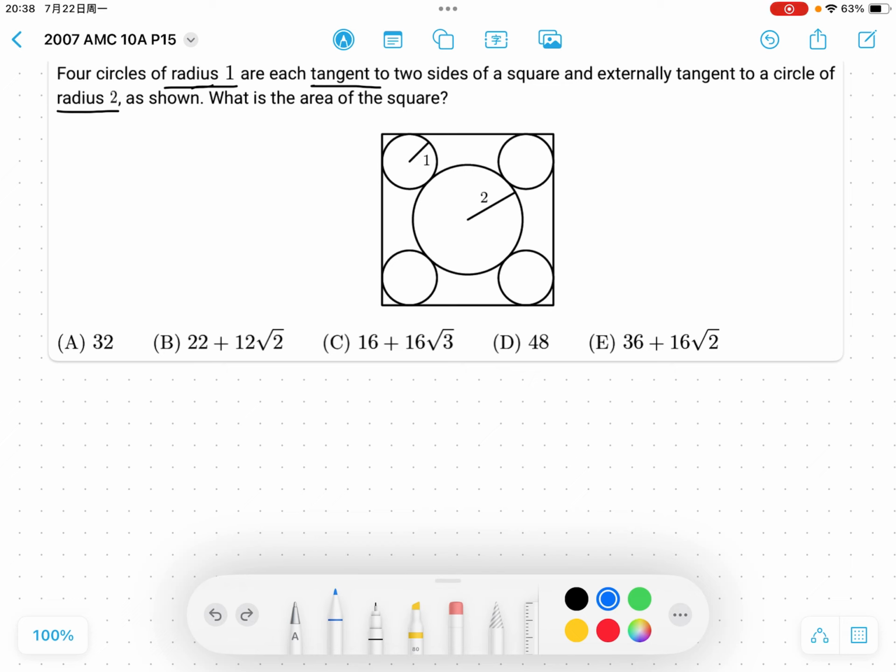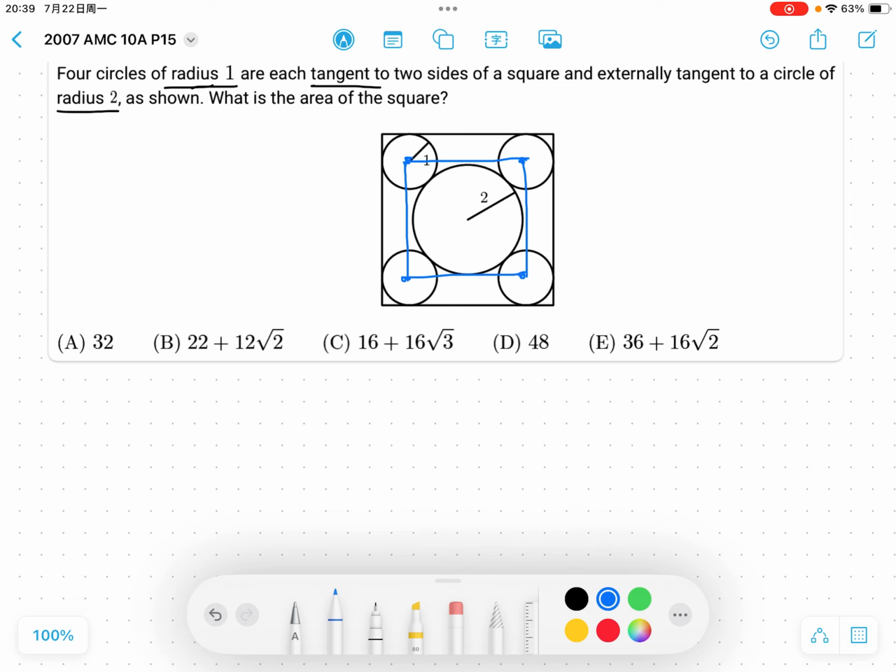Basically you have the radius of each radius 1 circle. We plot that out approximately, and then we use the radii to form a square.